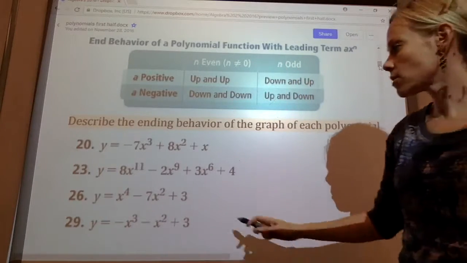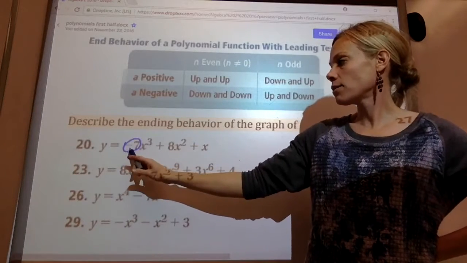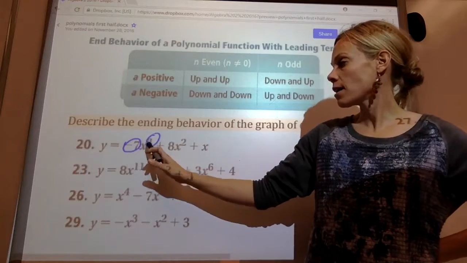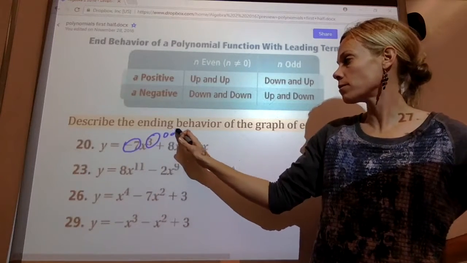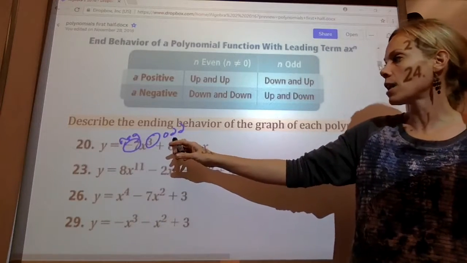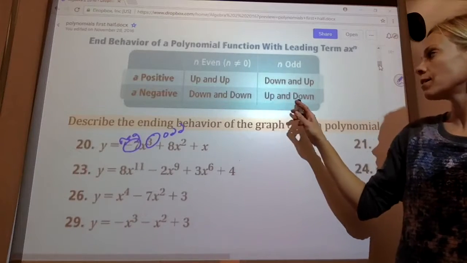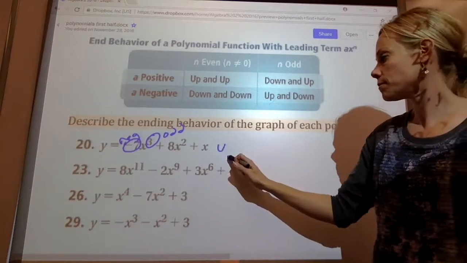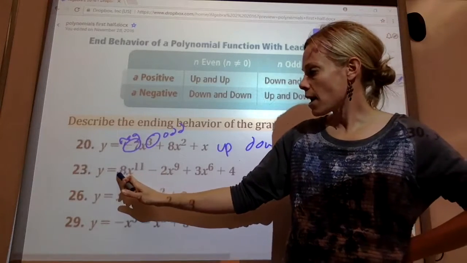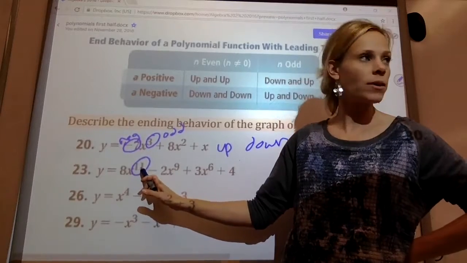So let's look at these. So this is a negative leading coefficient, because negative 7, and it's an odd degree polynomial, right? 3 is odd, and it's negative. So negative odd would have what kind of ending behavior? Negative, odd, up, down. Okay, this one, I have a positive leading coefficient with an odd degree.